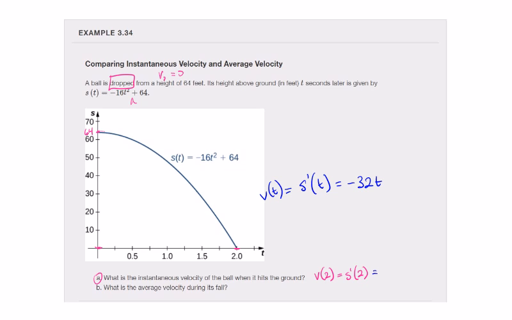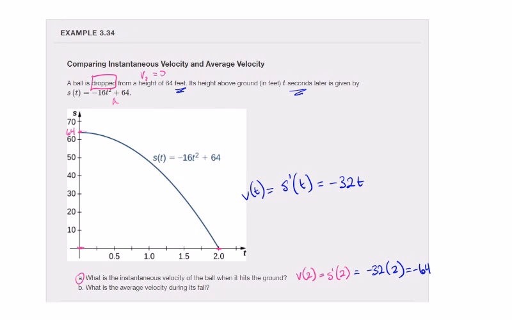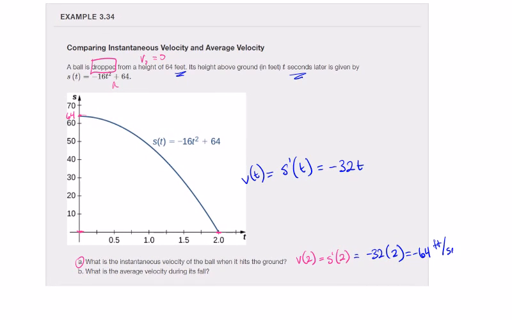All right, so if I plug in 2, it'll be negative 32 times 2, and that gives me negative 64, right? And we're talking about feet per second, like we talked about. So this will be negative 64 feet per second.